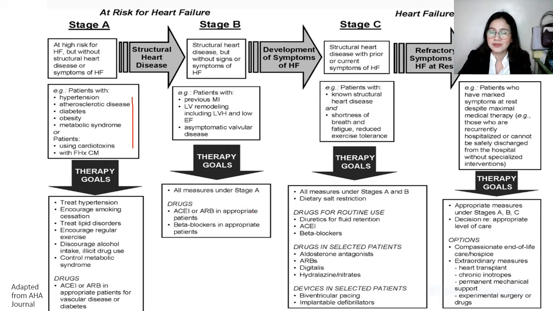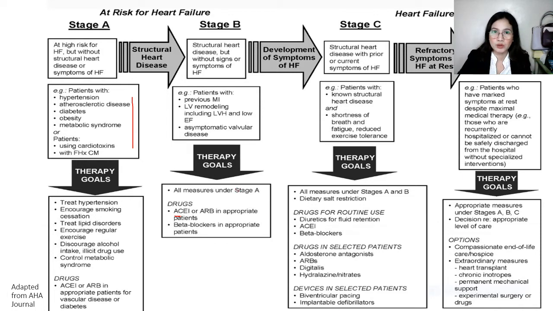For stage B, where there are patients with previous MI, LV remodeling, and so on, again, we treat each disease, and the included drugs are the same as in stage A, that is ACE inhibitors, ARBs in appropriate patients, and beta blockers, again in appropriate patients, depending on the condition mentioned in this stage.